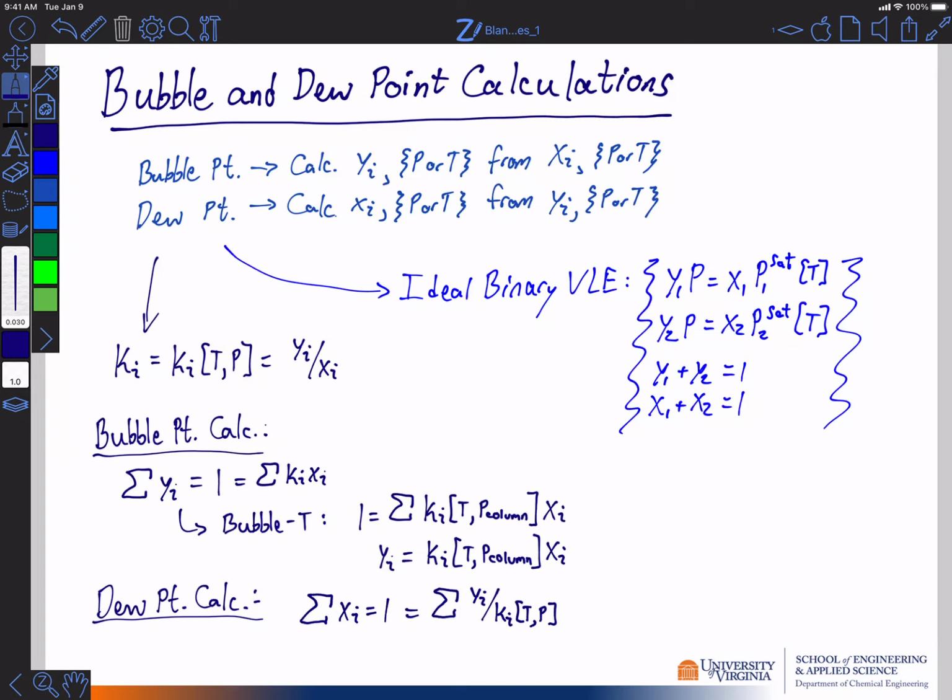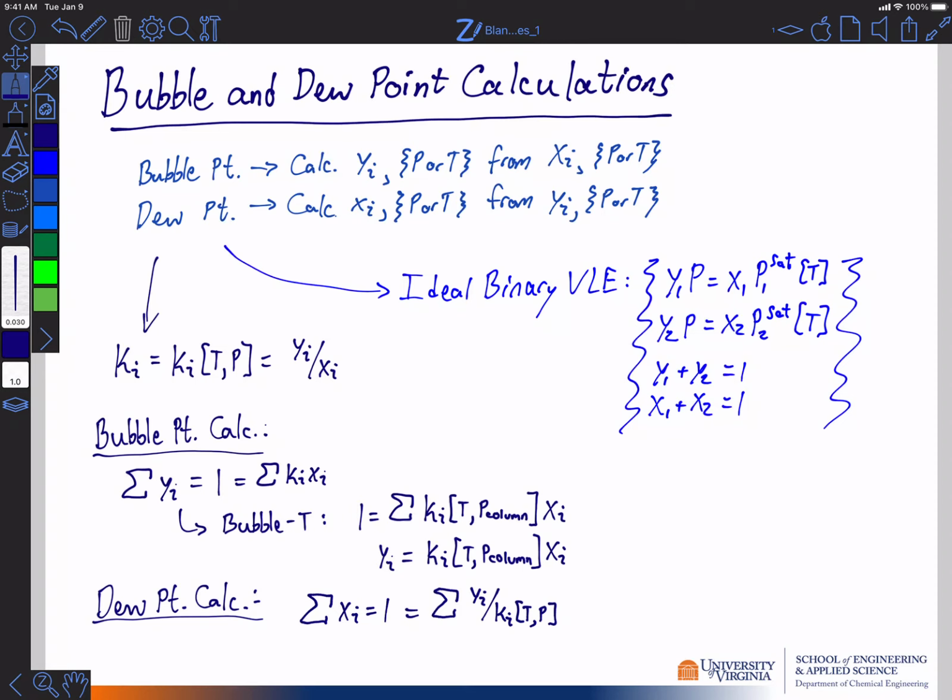That relaxes the ideal assumption. We're not assuming ideal VLE here. And we can do exactly the same sorts of calculations that we did with Raoult's law, just now in a different flavor. This also comes back to the thing I said weeks ago now, where it's this handful of VLE calculations: the dew and bubble point temperatures and pressures, the flash calculations, the PNT calculations.